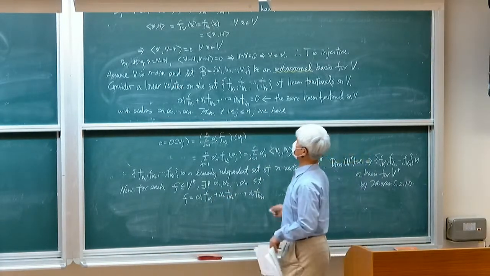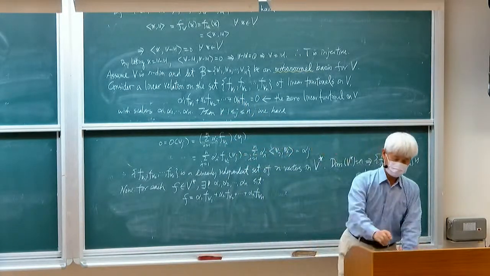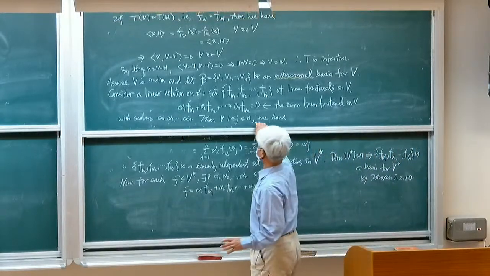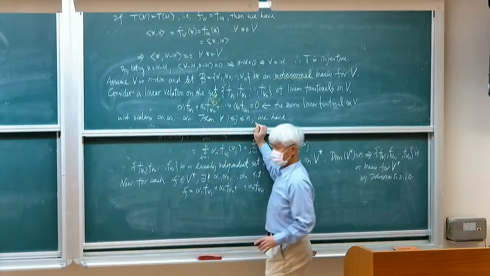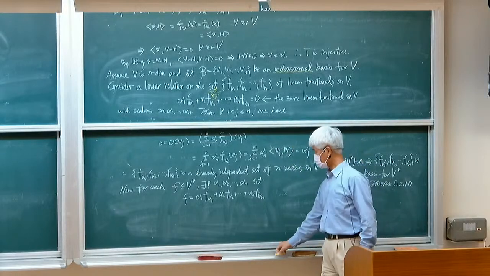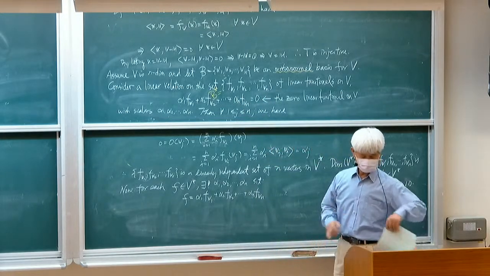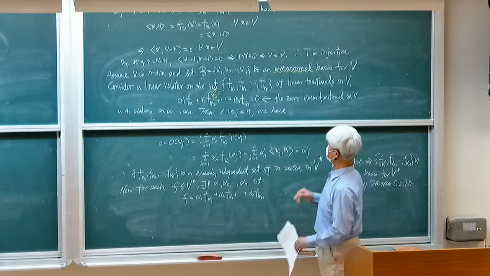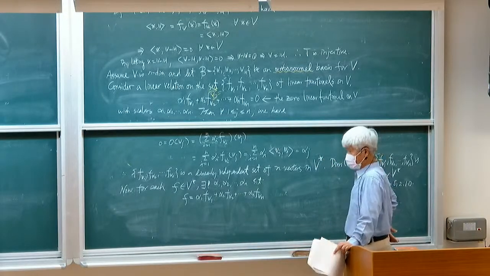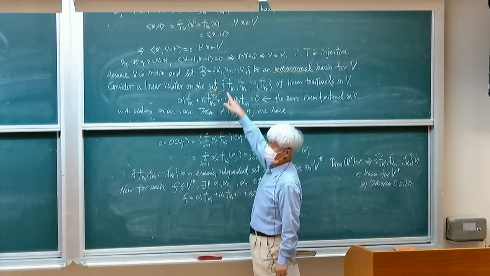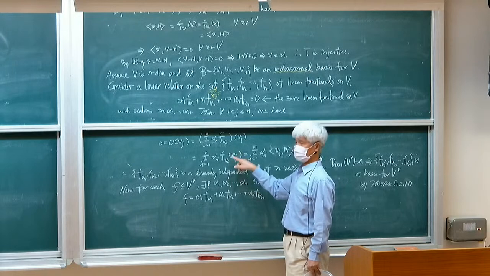You can regard this as a dual basis. For an inner product space, when you choose an orthonormal basis for V, this is called the dual basis of V. And you can see this is indeed the coordinate of a function with respect to this basis.